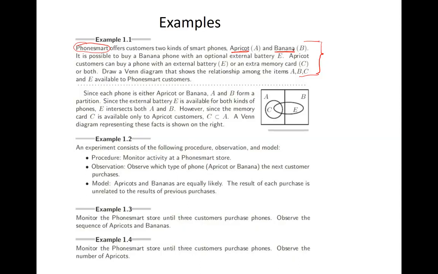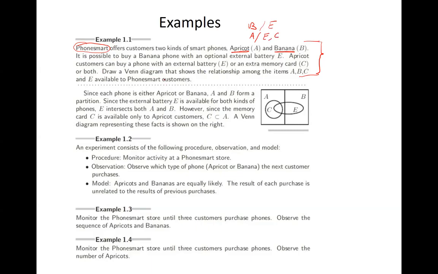It's possible to buy a banana phone with an optional external battery. Apricot customers can buy a phone with an external battery or an external memory card, or both.